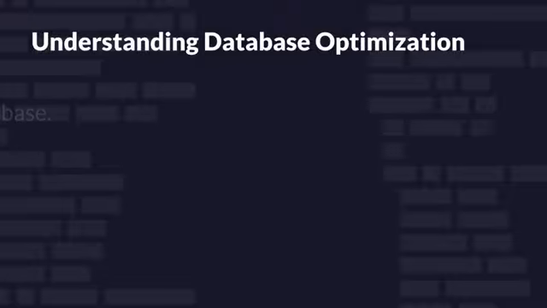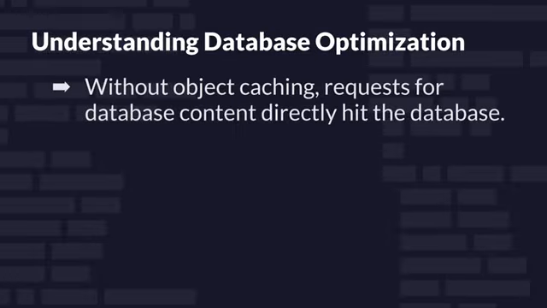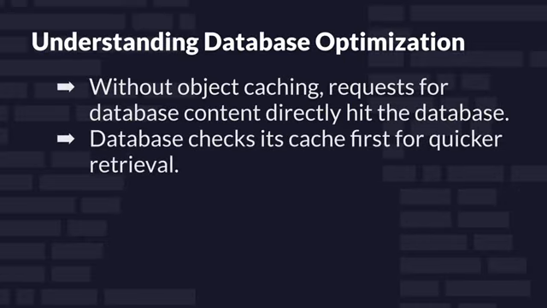Optimize the database. If object caching like Redis is not available for the WordPress site, requests for database content go straight to the database. First, the database checks its cache to serve the results directly, if possible, and stores it for future use. If caching is unavailable or not allowed, the query proceeds to the database. The database combines cached and uncached information, requesting data from the operating system.